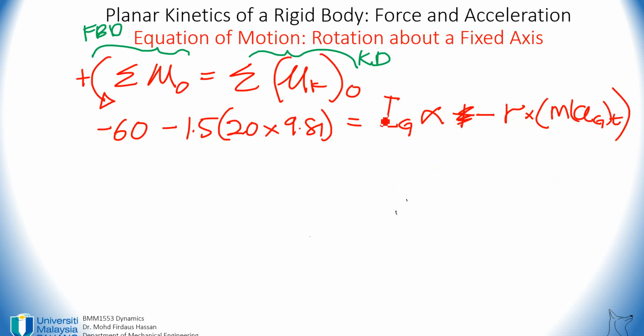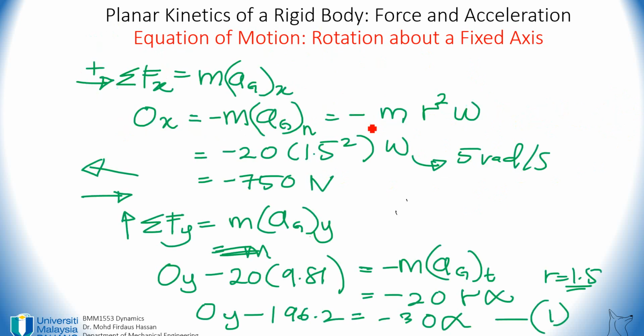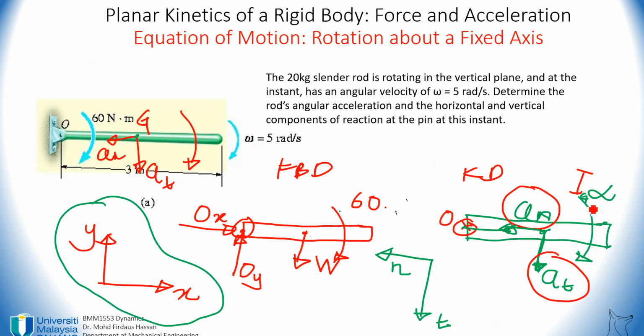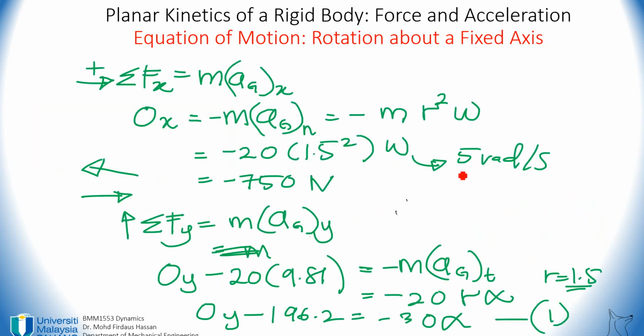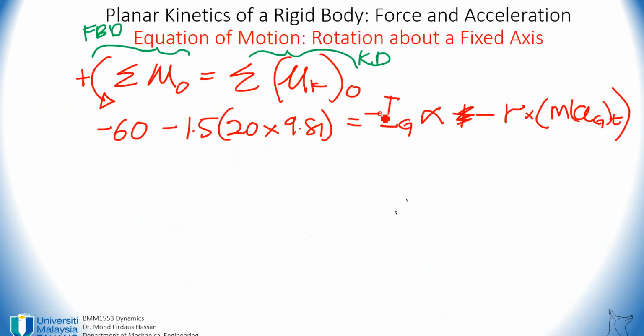Similar to this one, Ig alpha. You see that? Ig alpha is also clockwise. It rotates clockwise. It gives you a negative value here. Don't forget. So if you calculate here, it will give you negative 354.3 equal to the mass moment of inertia at G for the cylinder rod.